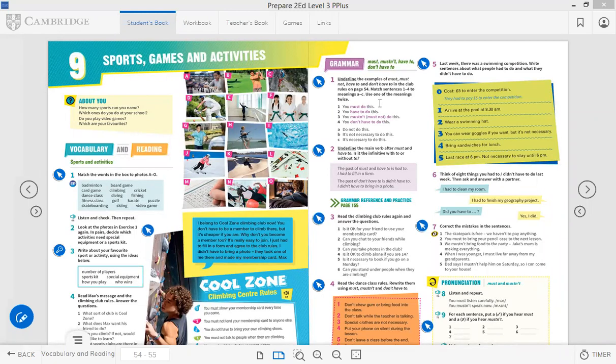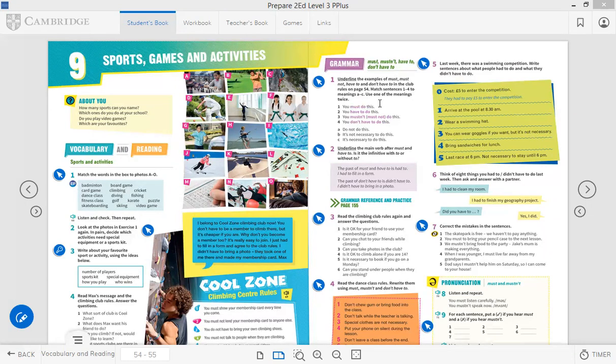Okay, so take out your student's book and open up to page 55. Let's finish all of this today. Okay, so page 55, we were in exercise number 1.